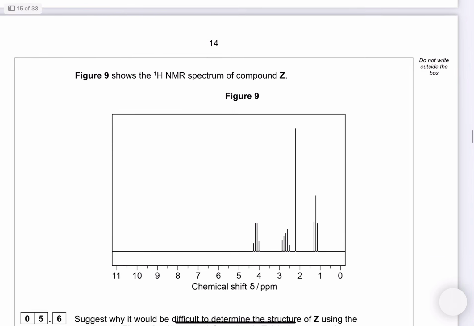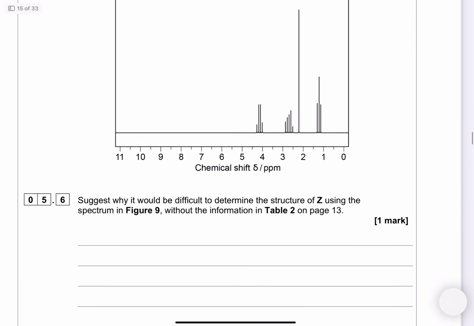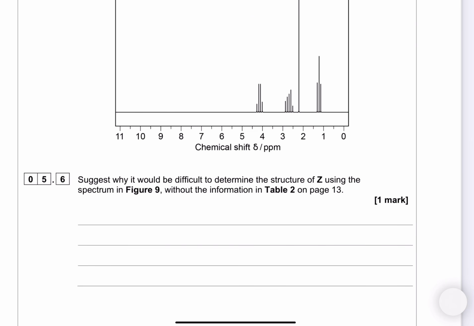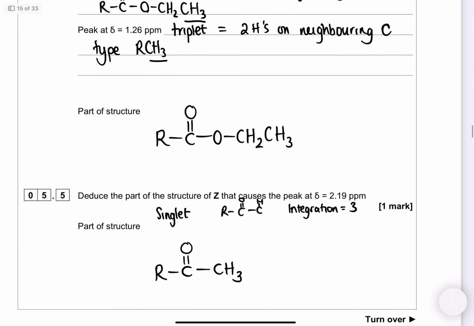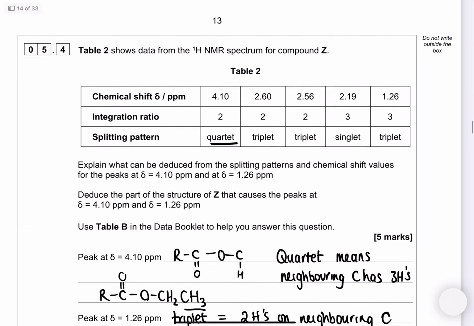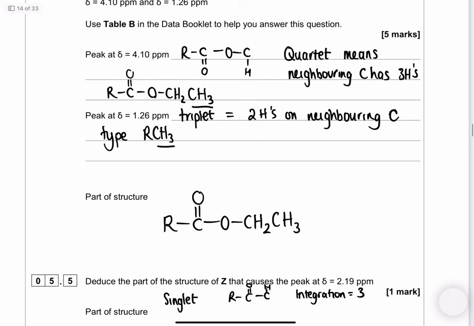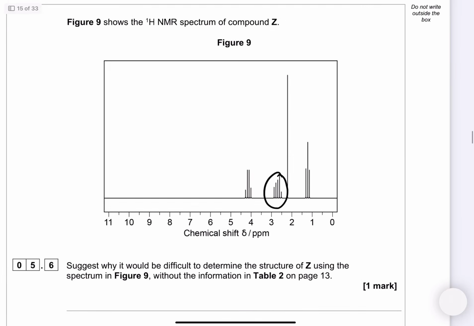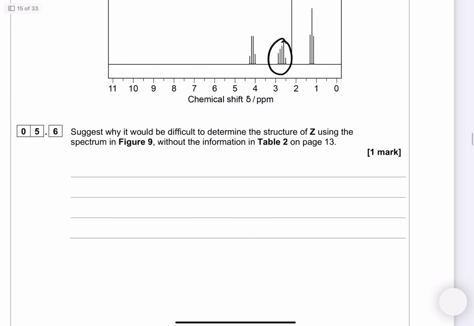Figure 9 shows the NMR spectrum, suggests why it would have been difficult to determine the structure of Z using it without the information in the table. Well, it's this bit here. If we go back to the table, we can see that it told us that that was a triplet and a triplet at 2.6 and 2.56. It would have been difficult for us to know that, because that does not look like 2 triplets.